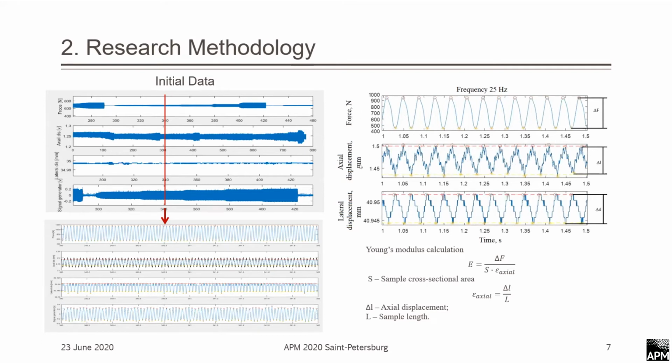Also, we have axial displacement, delta L, from minimum to maximum, peak to peak. Also, lateral displacement and other properties. By knowing these properties, we can calculate Young modulus, dynamic Young modulus. Also, we can calculate dynamic Poisson ratio, and so on.